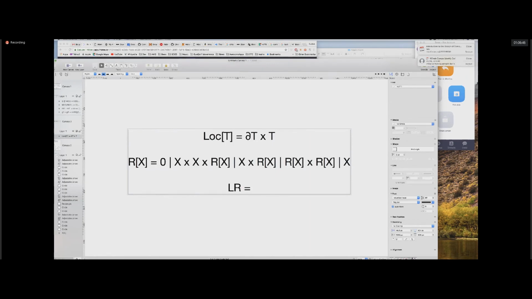And this is going to be R in which I give the names in terms of its locs of LR, where loc is this thing. So we can actually instantiate this, right? This is equal to R of the derivative of LR paired up with LR.